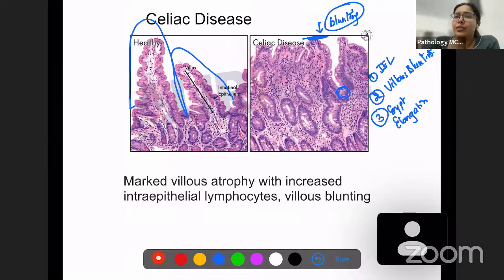These are the crypts, wherever the villus ends. You can see the crypts are very flat over here, but here you can see there is elongation of crypts and hyperplasia. So these are some features of celiac disease.